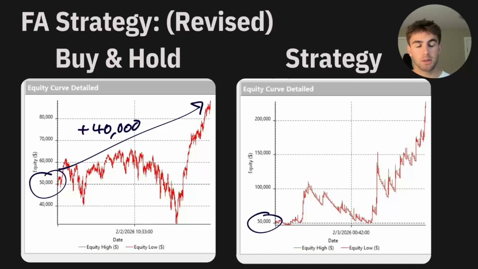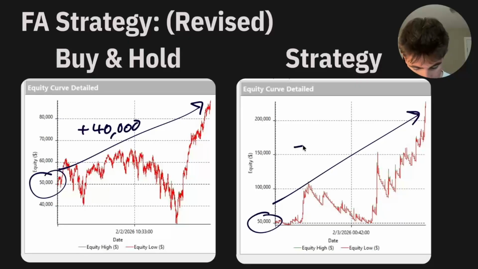Then the strategy, which, yes, I do need to caveat, is backfitted, a little bit, hopefully not too much though, the new strategy goes up about 170,000. We looked at it, and so that is a huge win for me to see that even the backfitted strategy is drastically outperforming the market over this period.